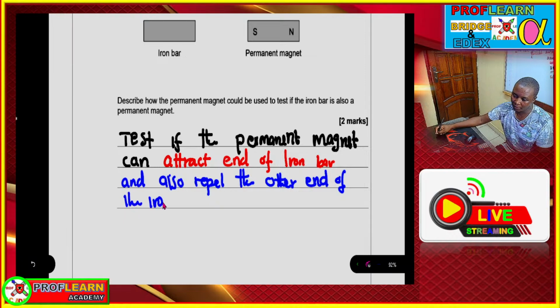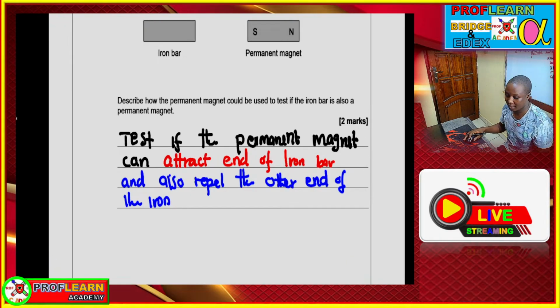So the surest way you can test whether a material is magnetic or not is by use of what? By the use of repulsion.